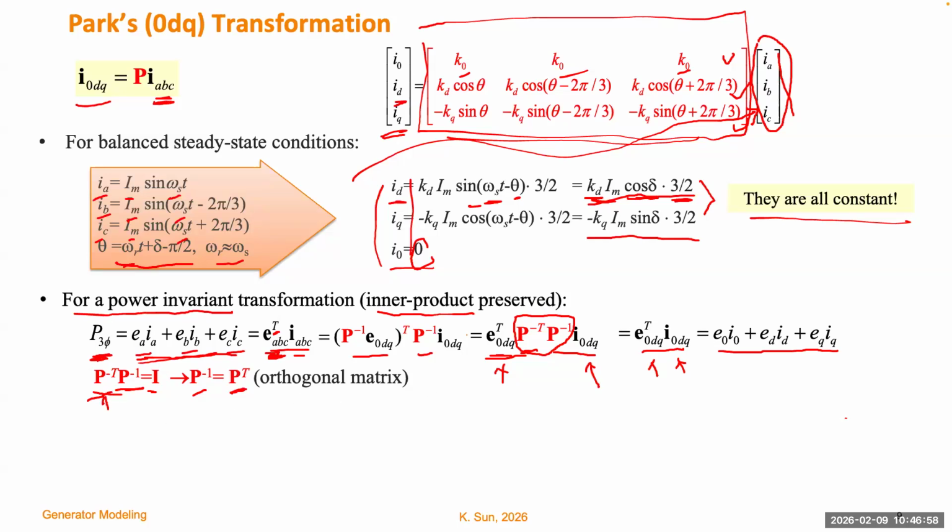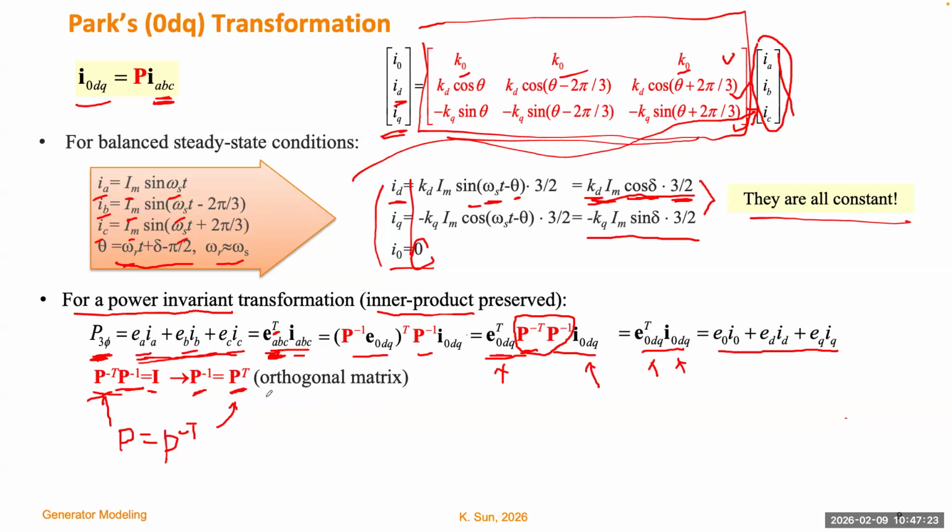Okay, does that make sense? So this is P. P will be equal to P inverse transpose, which means P's transpose is also its inverse.